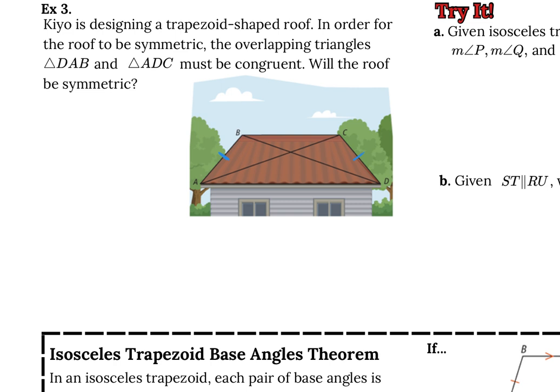All right, I know that BC is parallel to AD, and if BC is parallel to AD, I can create a bisector that will create a 90-degree angle.